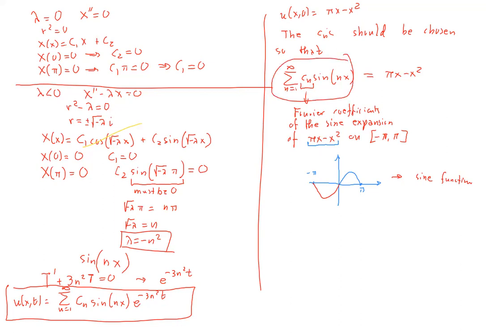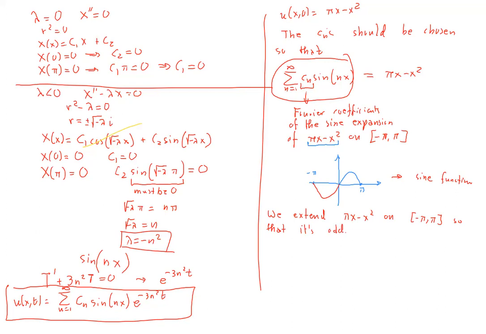We will be able to equate the coefficients, and that will be precisely what we need. So, in other words, we extend f of x, pi x minus x squared, on negative pi to pi, so that it's odd.